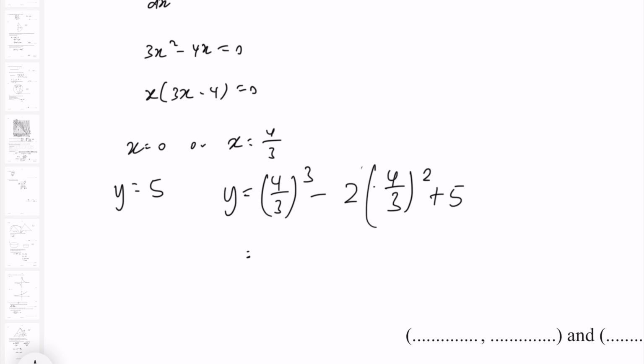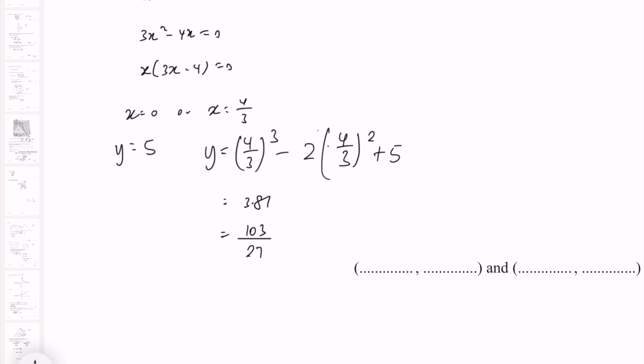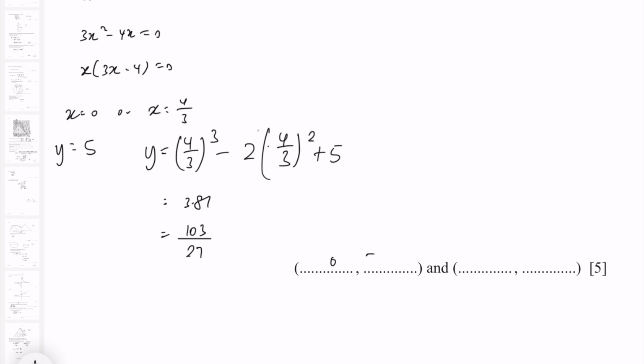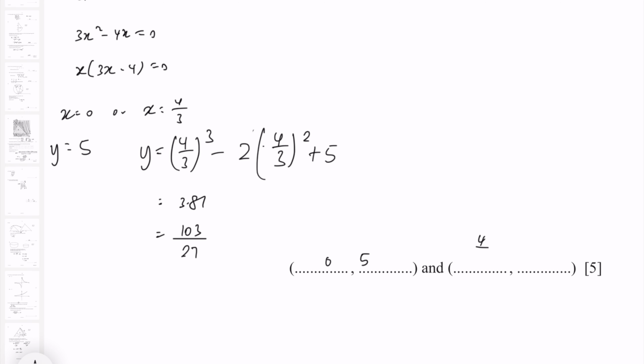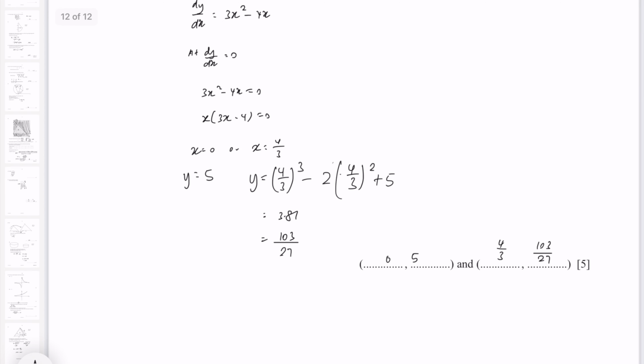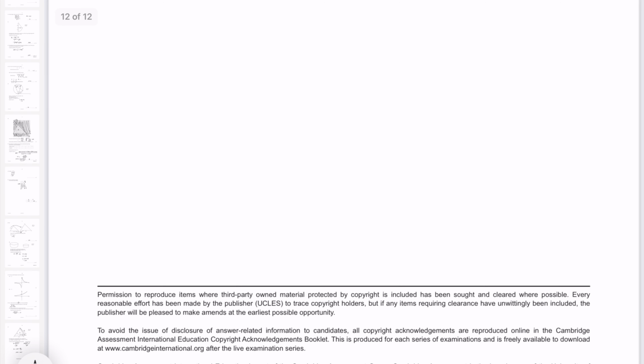That's 3.81. Yep, 3.81. If you have a better calculator, you can leave it as an improper fraction. It's 103 over 27. So you will have 0, 5, and 4/3 with 103 over 27. Those are your coordinates. All right, pretty simple.